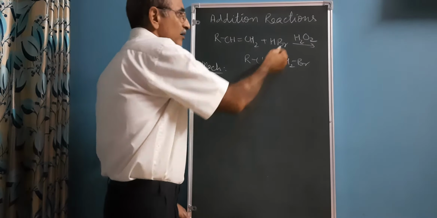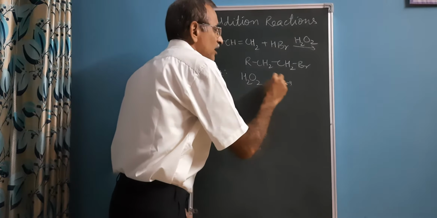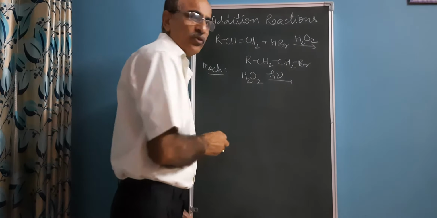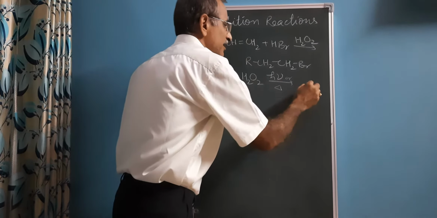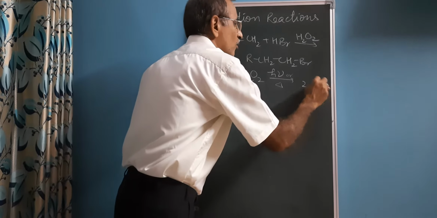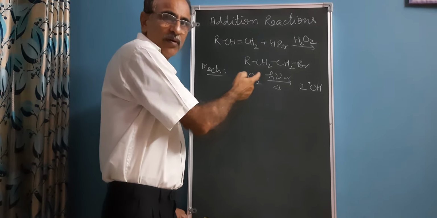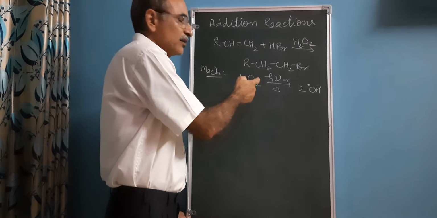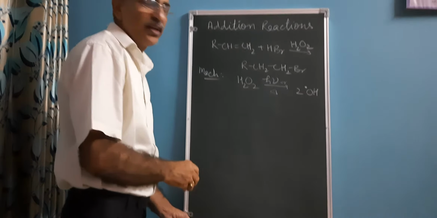Here, hydrogen peroxide is a symmetrical molecule. In presence of UV light or when it is heated, it forms 2 OH free radicals. Homolytic fission of the oxygen-oxygen bond of this hydrogen peroxide takes place, which leads to formation of free radical.